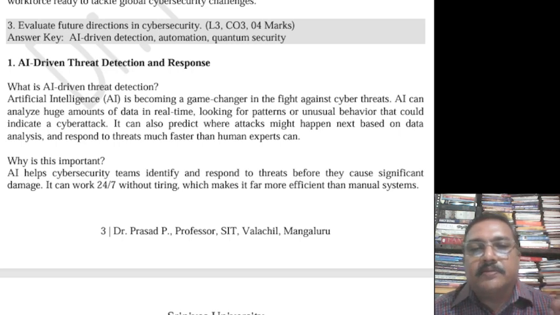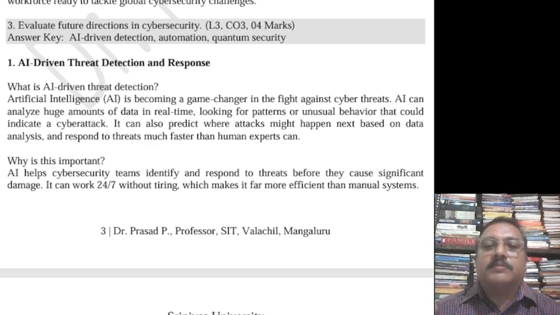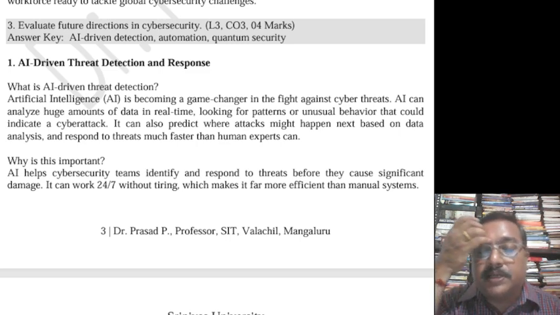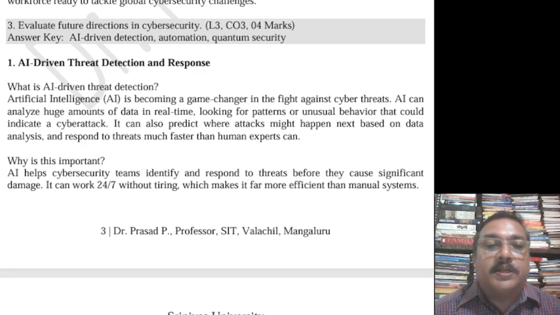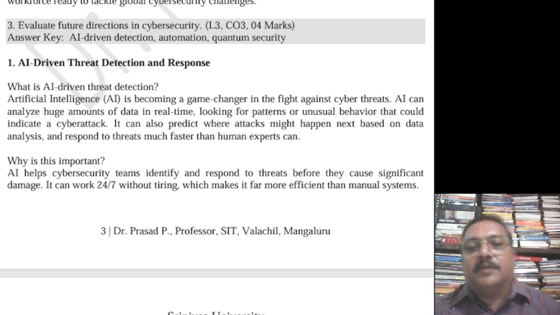It can also predict the possible attack which might happen in the near future, not just what is happening now. It can analyze and say something is happening, it may end up in some type of huge attack. That is called prediction. The prediction it can do is based on the data analysis, and it will respond to the threat much faster than human experts can.